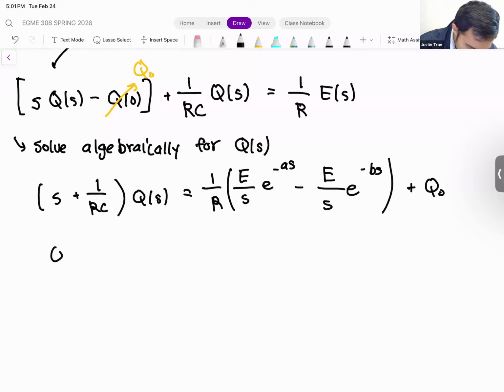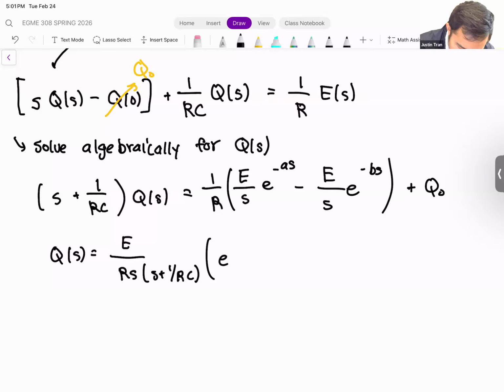And so we get Q(s) is equal to, let's see what's the best way to do this. I'm going to factor out an E over s from both terms there. So we have E over R times 1 over s times s plus 1 over RC, multiplied by e to the minus as minus e to the minus bs.